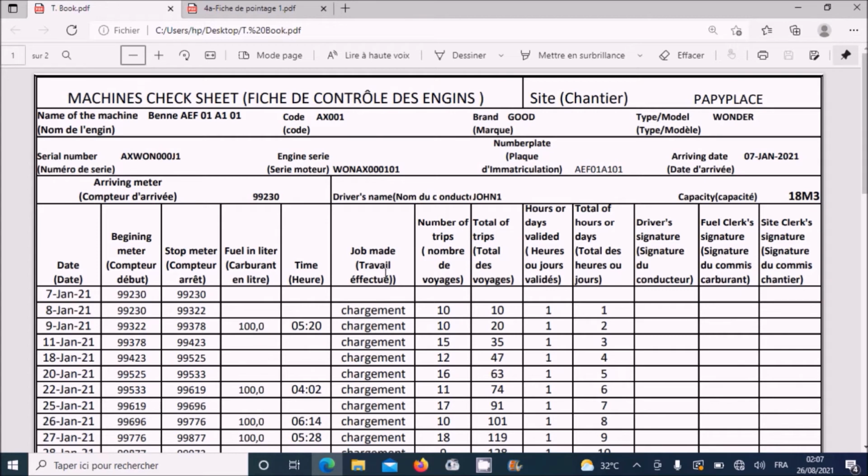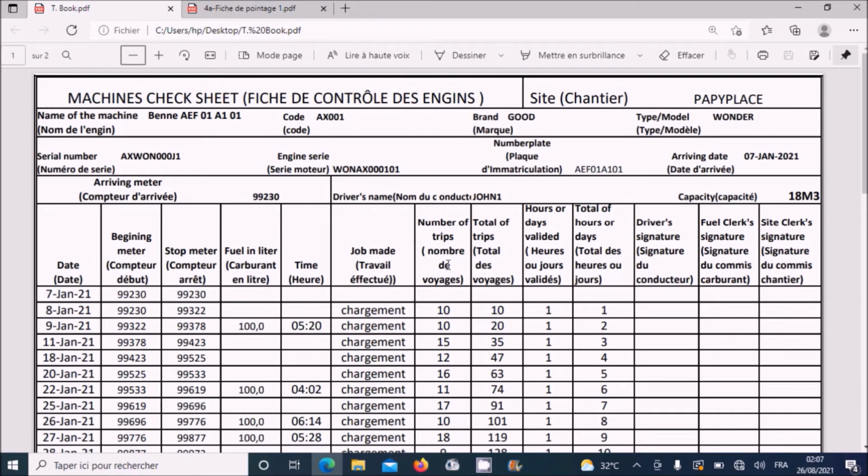And what the truck did, they load dust to spread on the road. So it's a truck of a road construction company.